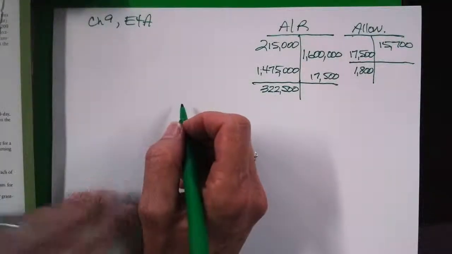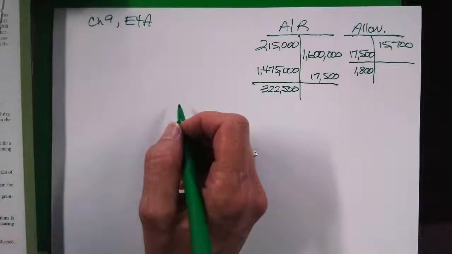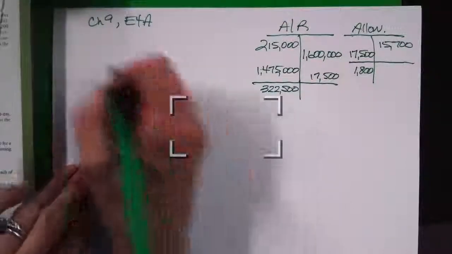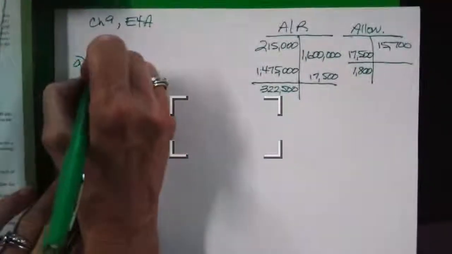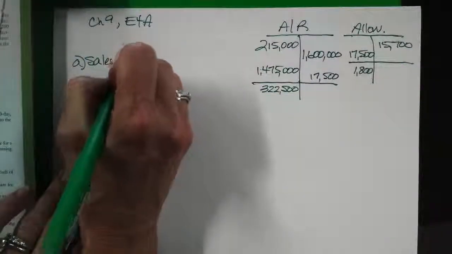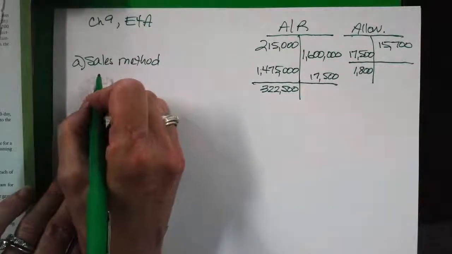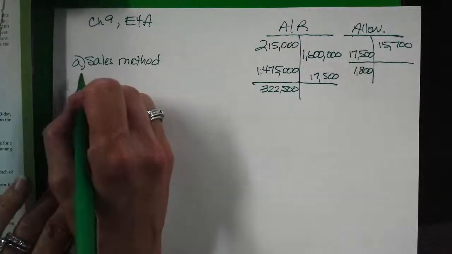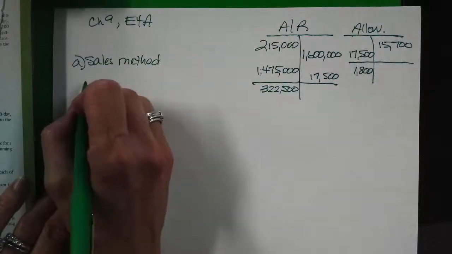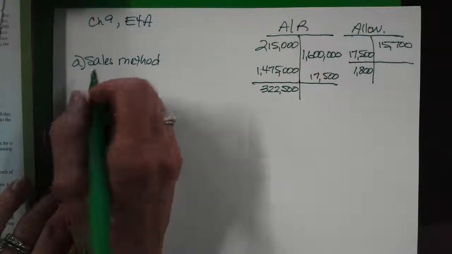Then the problem tells us management estimates. A says use the sales method. Management estimates the percentage of uncollectible credit sales to be 1.2% of total credit sales. So A is the sales method, which means I don't care what the balance is in the allowance account. I'm going to base the expense off of 1.2% of credit sales.